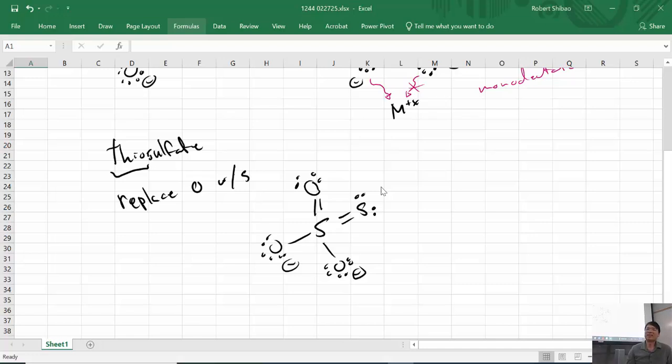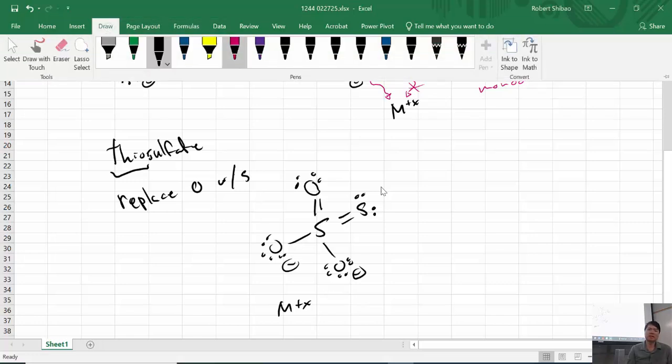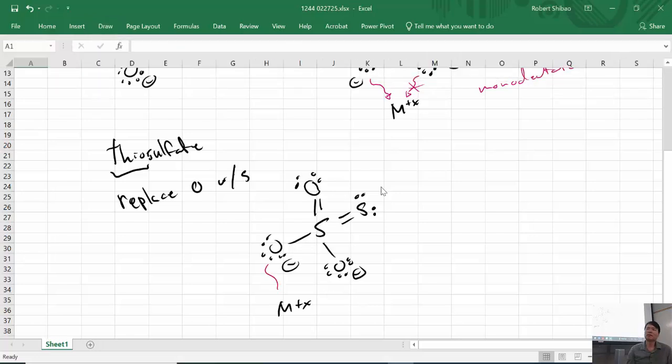Any difference here? No. It's going to be monodentate as well. You see that? It's got to be monodentate. And so thiosulfate's a monodentate ligand.